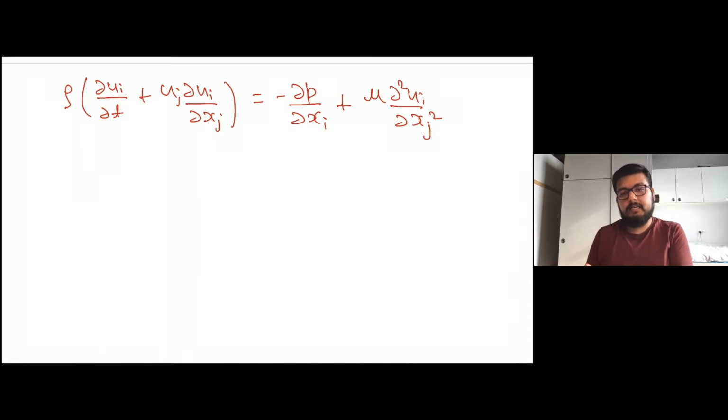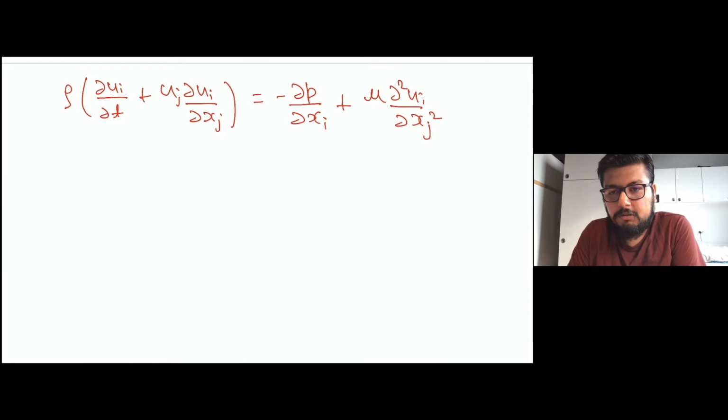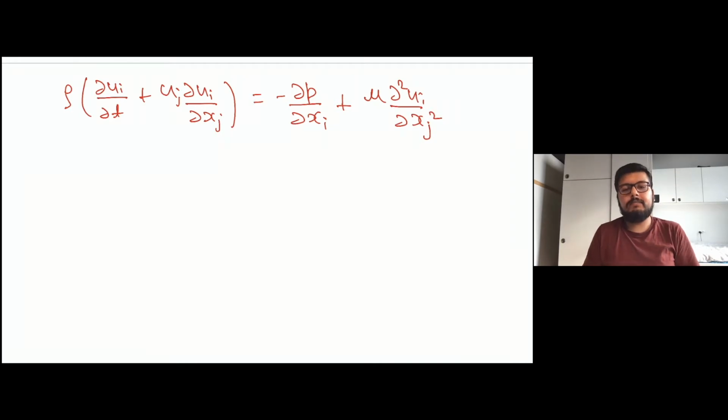What you will see in the coming few minutes is that we will reach a similar non-dimensional number. In fact, we will reach the Reynolds number, but we will do it in a slightly different way. This is another way of coming up with non-dimensional numbers in fluid mechanics, that is, by non-dimensionalizing the Navier-Stokes equation.